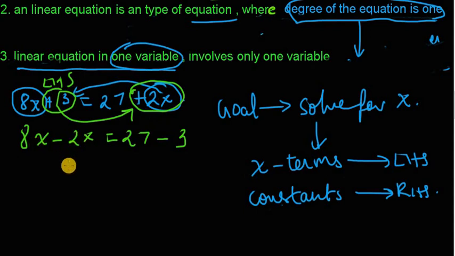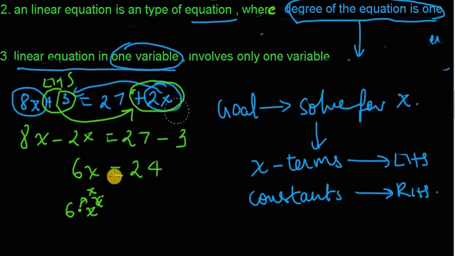So let's subtract this. So we get 6x equal to 24. So x, look at this, how we can solve this. So 6x is nothing but 6 into x. So this dot represents into. Okay, it is short form of into.